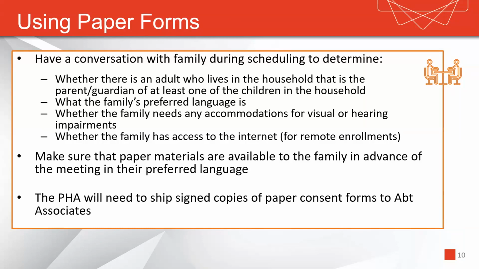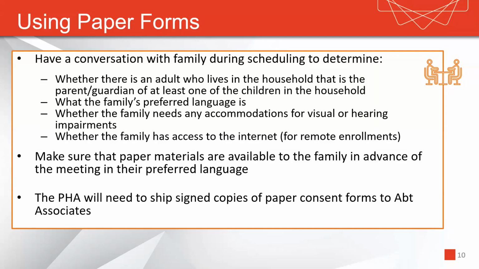And so before the individual enrollment session, if paper is required, please make sure that the paper materials are sent or made available to the family in advance of the meeting. And all those materials would be in their preferred language. And then the PHA will need to ship signed copies of the paper consent forms to APT.